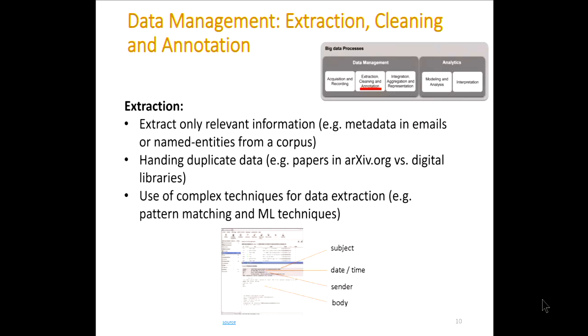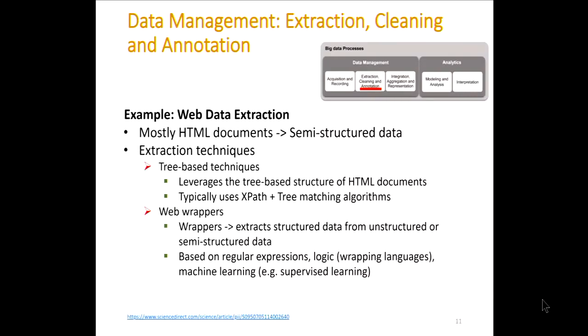And using natural language processing or machine learning techniques can help with unstructured data to acquire the useful information that you're after. Depending also on the type of data you're tackling, for another example, when you're looking at web data, you're collecting information from the web.